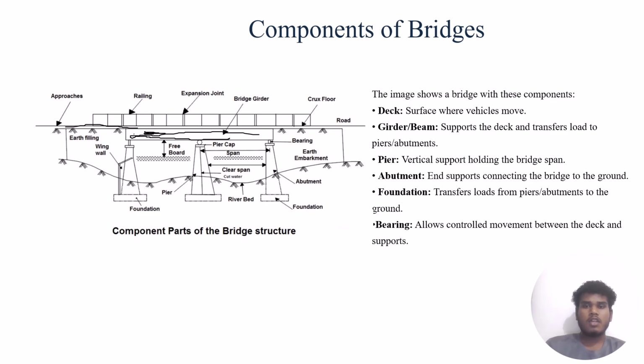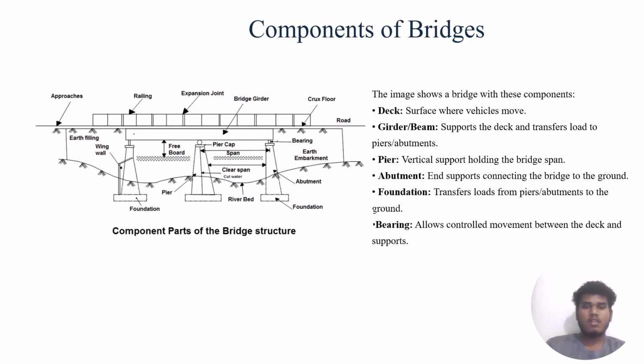Piers means vertical supports holding the bridge span. So this is the bridge span, and the vertical supports which are holding the bridge are piers. So these are the piers of our bridge. Then abutment. Abutment is the end support which connects the bridge to the ground.